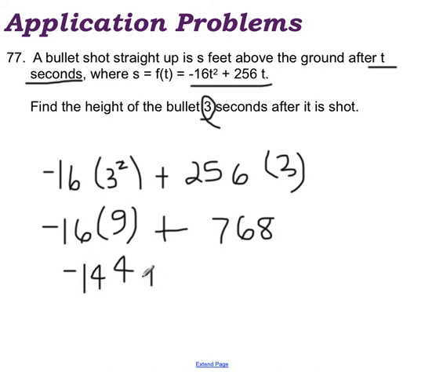Add that to 768. And we end up with a positive 624. So the height of the bullet after 3 seconds would be 624 feet.